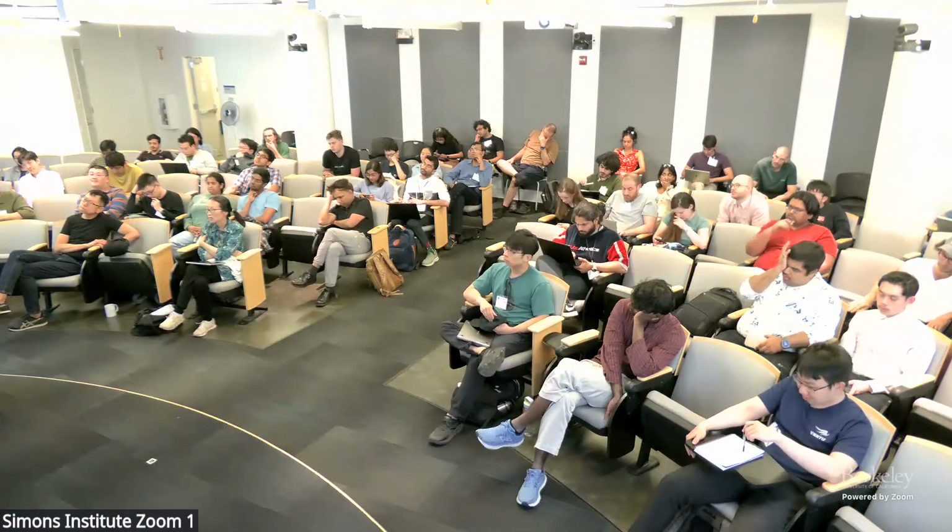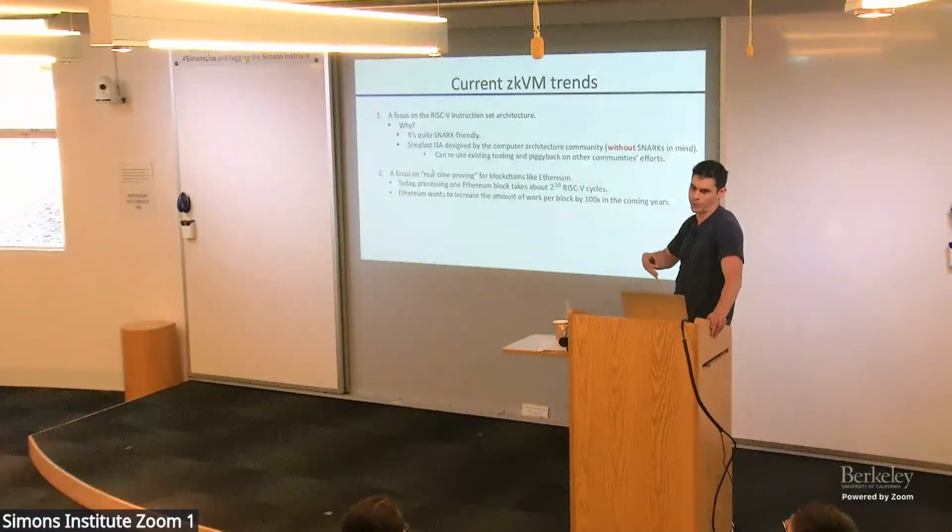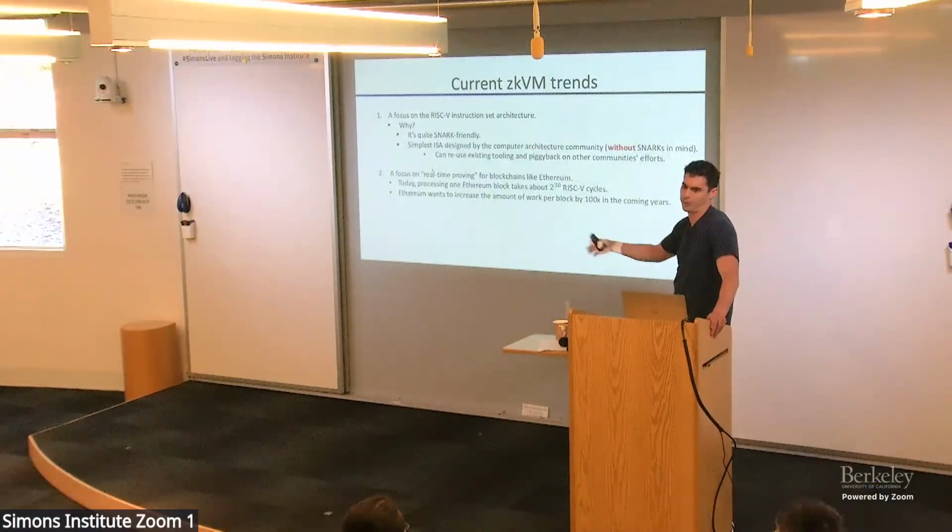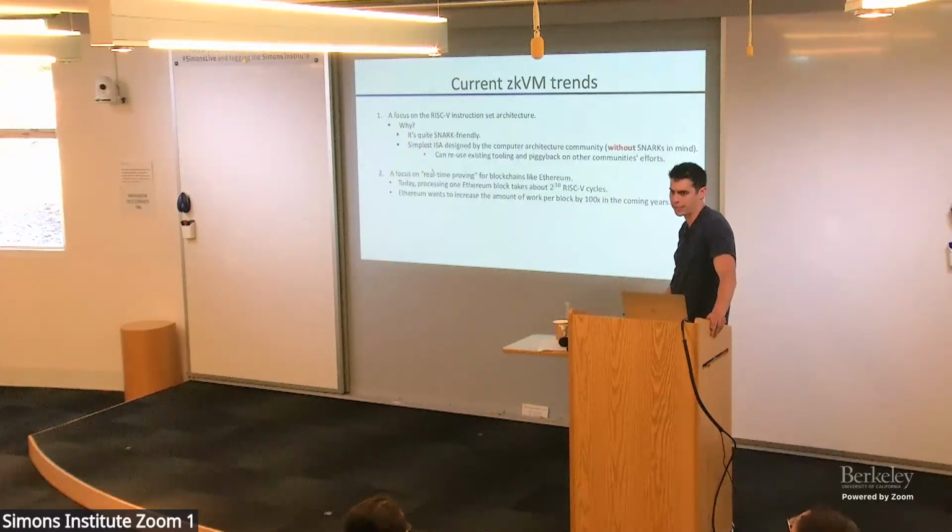Things will change only if recursion, proving a proof, would be a bottleneck that you're not willing to pay. That might change how you do things. I don't think it's completely one size fits all, and I don't think we will ultimately wind up purely with ZKVMs. But this is really, at the moment, the only well-developed, scalable way to turn arbitrary high-level computer programs into things we can actually get proofs out of right now.